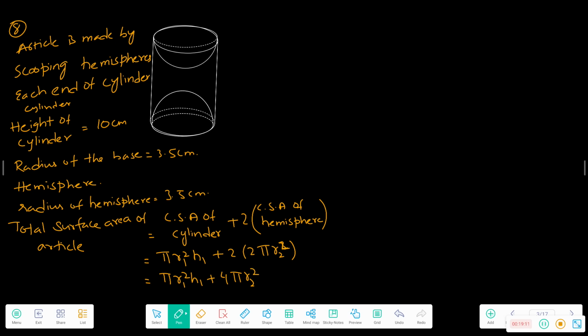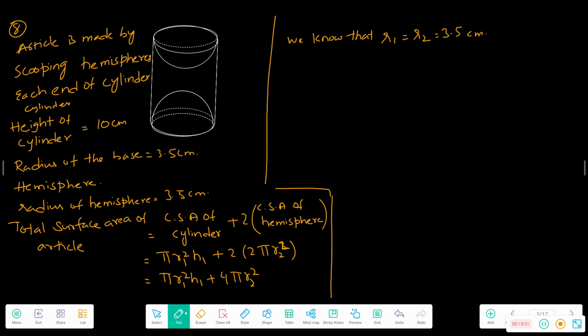We know that r1 is equal to r2 and it is equal to 3.5 centimeter.